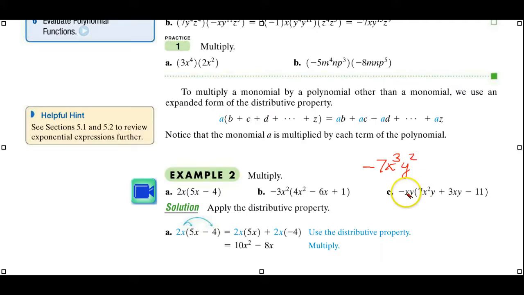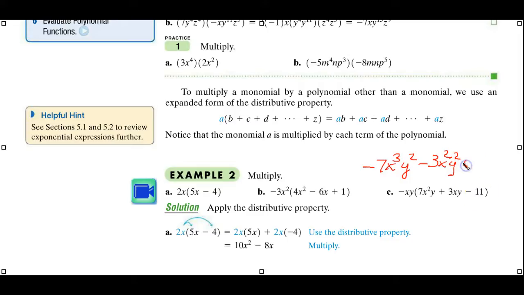Now a negative 1 times a positive 3 is a negative 3. X and x is x to the 2nd. Y and y is y to the 2nd. Now we have a negative 1 times a negative 11.